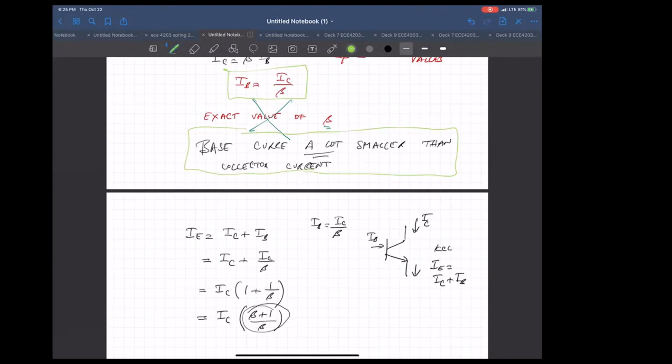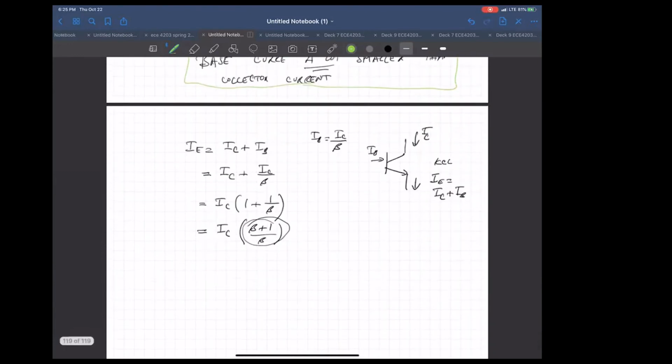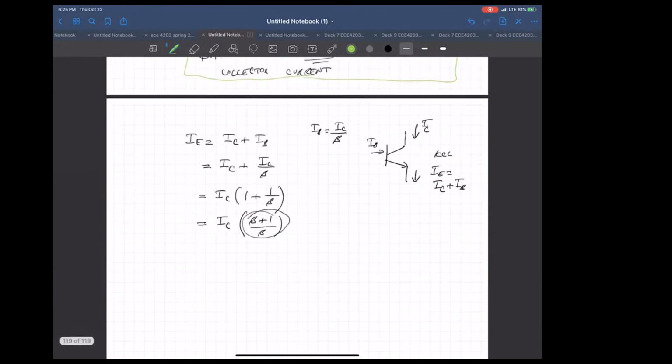If you look at this ratio of I sub c to the emitter current, beta plus 1 over beta, if beta is large, then beta plus 1 over beta is approximately 1, because this thing is large, and they're both much bigger than 1. So it'll just look like beta over beta, approximately equal to 1. So the emitter current is very close to being exactly like the collector current.